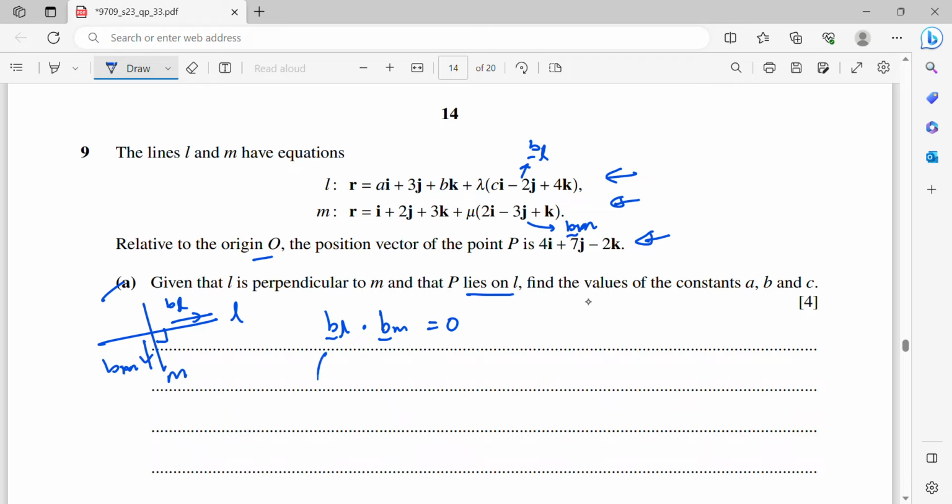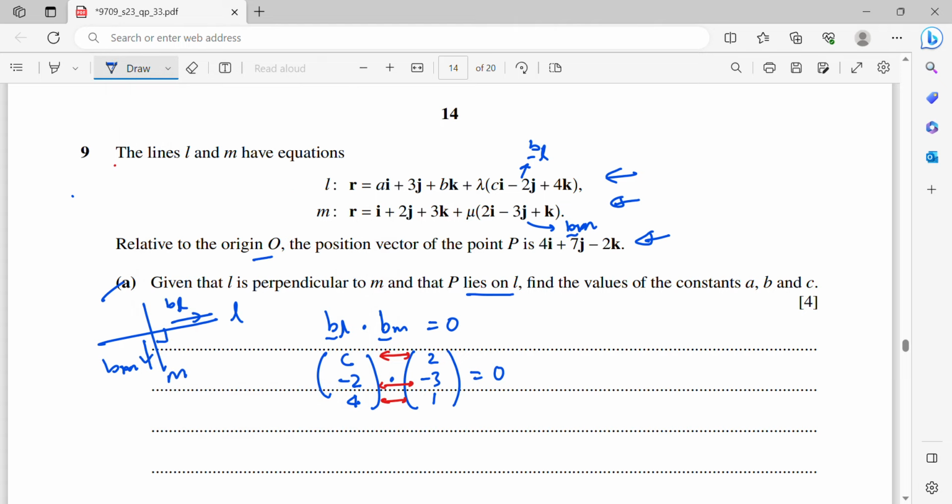So now the first one is c i minus 2 j plus 4 k, meaning (c, minus 2, 4) dot (2, minus 3, 1) equals 0. Okay, so from here we use the scalar product formula. Just multiply and add all together.